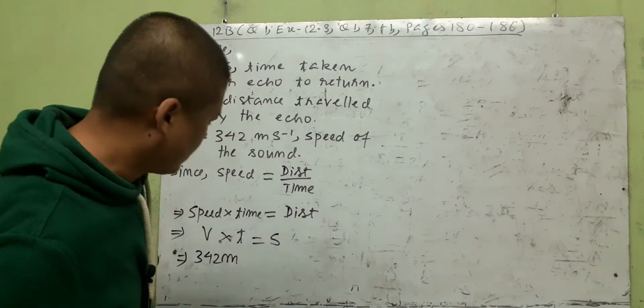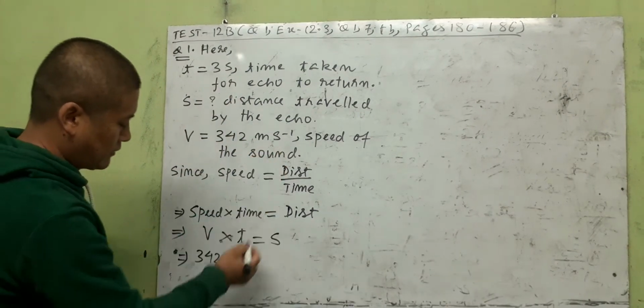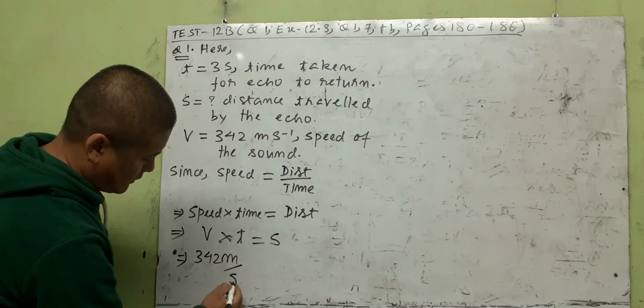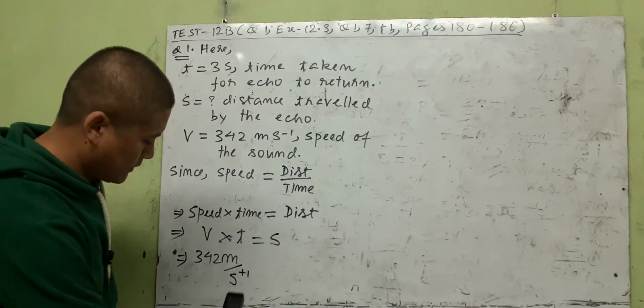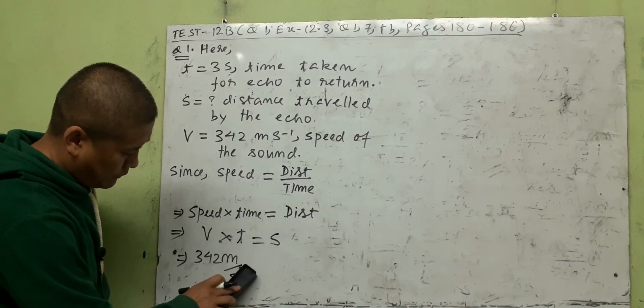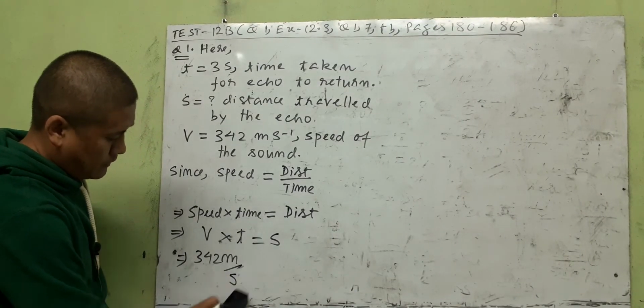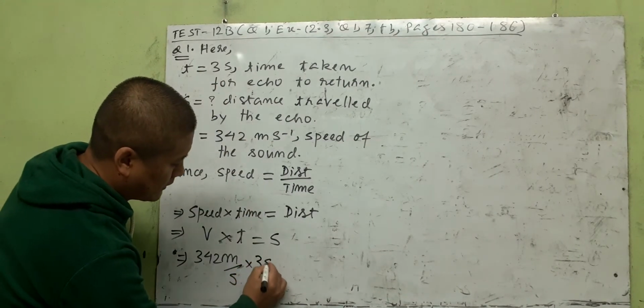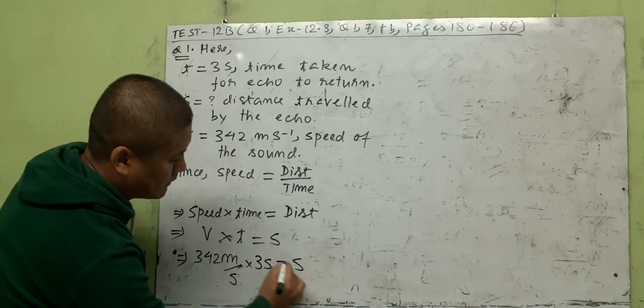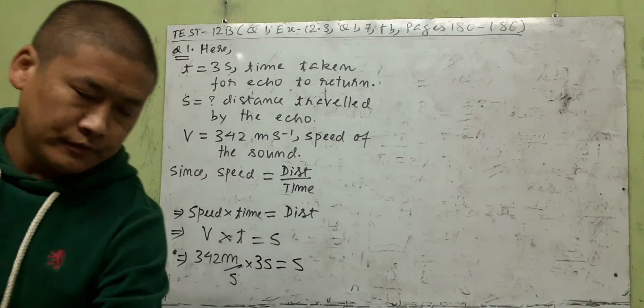This is meter per second, this second to the power minus 1, if you bring down the denominator, it becomes second to the power plus 1, right? But in case of plus 1 power, we don't write it, so we just remove it, and then into time, which is here 3 seconds, that is equal to S, the distance traveled by the echo.